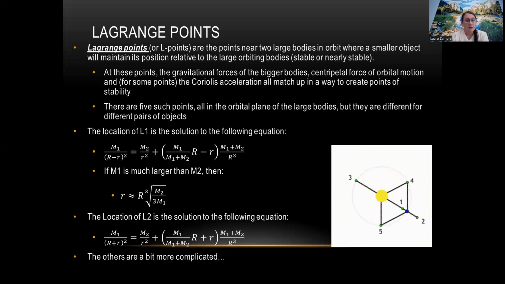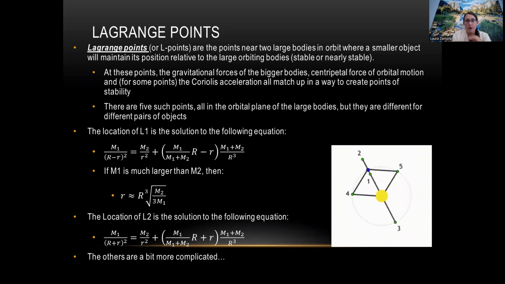So several planets have what are called Trojan satellites in their L4 and L5 points, which are basically like asteroids that they just propel around in their orbit, that maintain that stable distance from the planet as they go around.